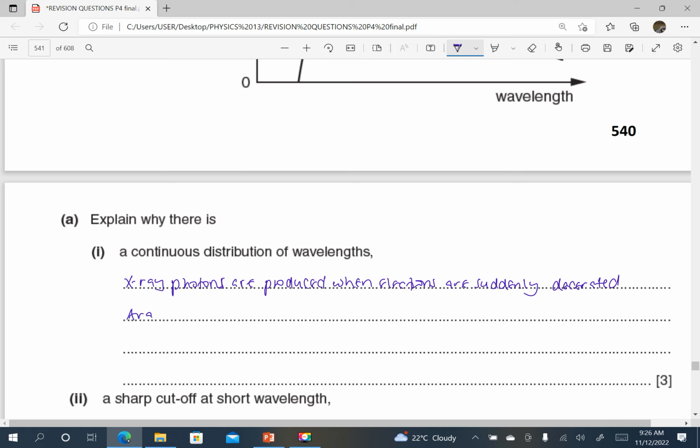A range. I think a range is two words here. A range of decelerations occur in the target. Remember, the energy of the X-ray photons depends on these decelerations.